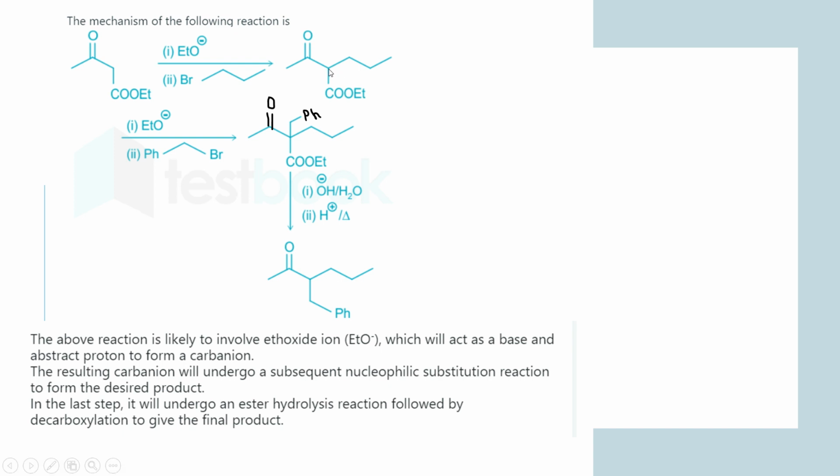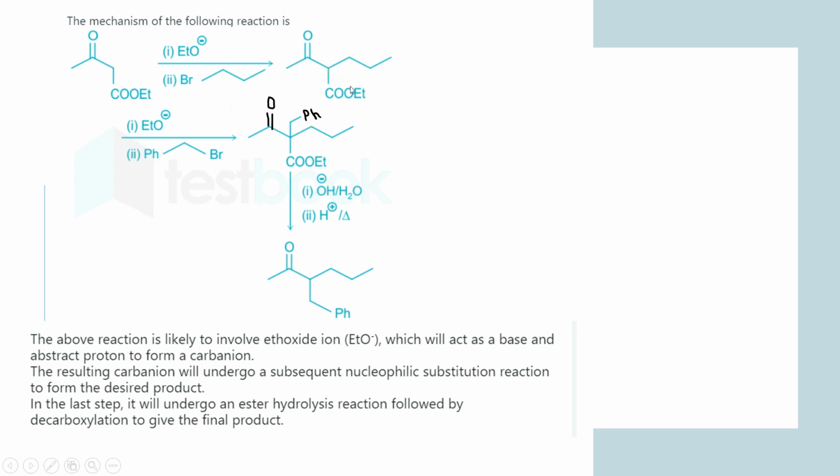So this center is attacking at this center, so carbon-carbon bond will form between these two. And while writing the mechanisms, note down that you do not miss out any carbon. In the product you again count the number of carbons, because sometimes what happens when we attack at the bromoalkane with the carbon ion, we miss out carbon number sometimes.